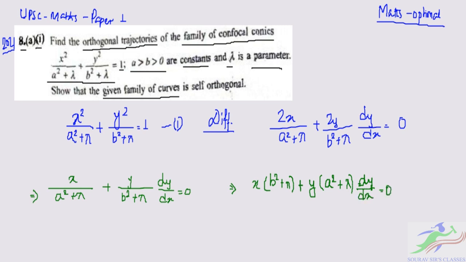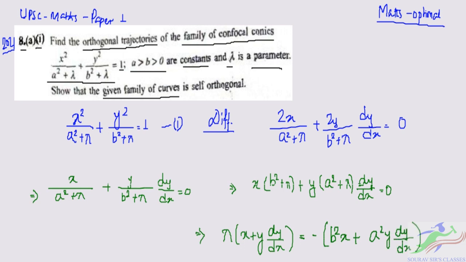Now if you rearrange, keeping lambda on one side, it will be lambda of x plus y dy dx, which is equal to minus of b square x plus a square y dy dx.